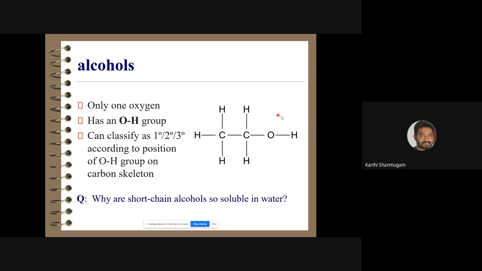So can you tell what is the difference between primary, secondary, and tertiary alcohol? All this you studied in your 10th standard organic chemistry. Actually, I'm not teaching anything new. Can we classify this alcohol into 3 types? Yes, sir. Can you tell what is the difference?